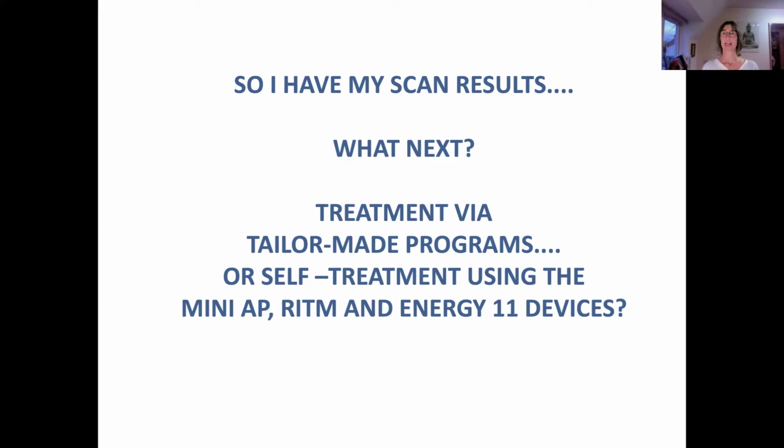So when a client's had a scan, we've got information about what needs support, where the problems are, what the root causes are in terms of toxins or microorganisms. What comes next? Well, most people want to be treated. Sometimes people just want to see a scan as a kind of interesting piece of information. But most people come because they've got an issue and they want to change that issue. So they want treatment.